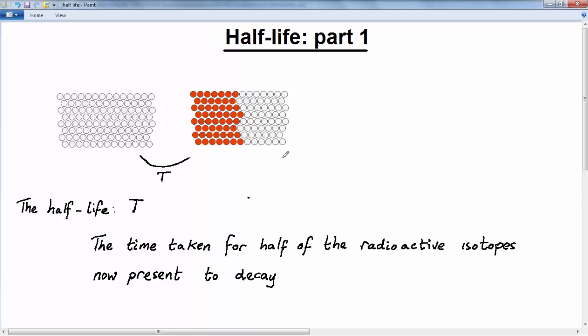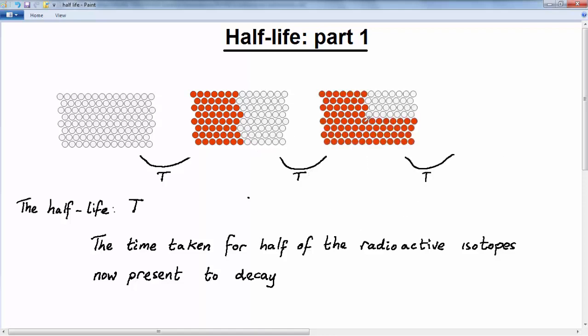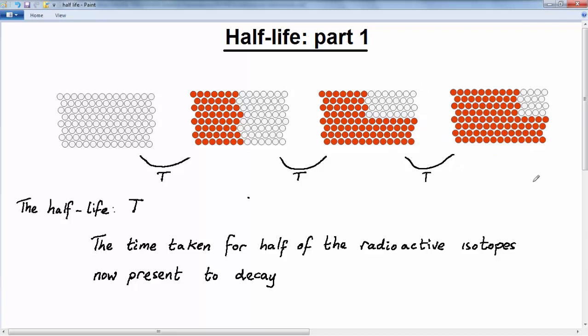In the next half-life period, half of these radioactive isotopes, which are now present, that's the grey atoms, half of these will decay. Okay, so these are now the radioactive isotopes that are present, and now we can say that in the next half-life period, exactly half of these will decay, and so on and so on.